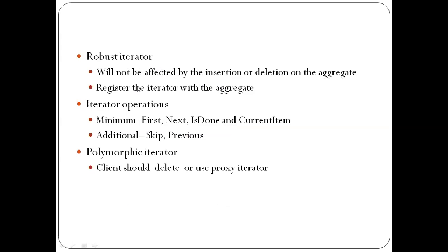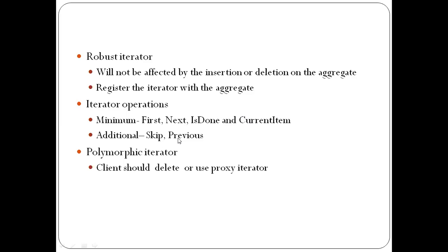Then we call it a robust iterator. The minimum iterator operations, as we have seen in the structure, are first, next, and is done to check the end, where to stop our accessing, and also to keep track of the current element of the concrete aggregate object which we have to access.